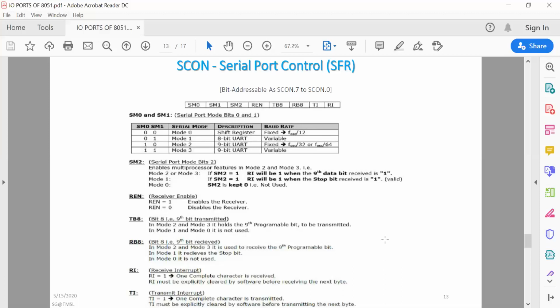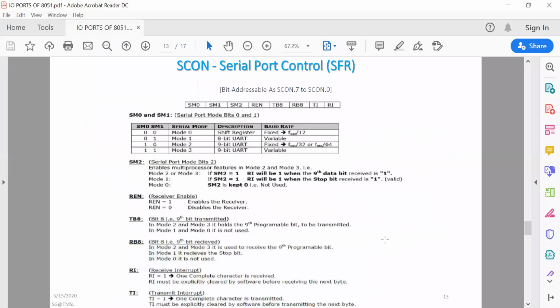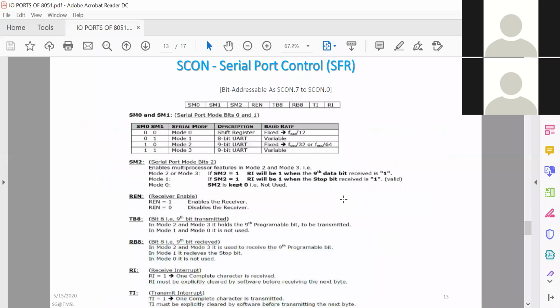Both TI and RI can be cleared by software to transmit or receive a new data byte again. So that is the SCON SFR register bit format.